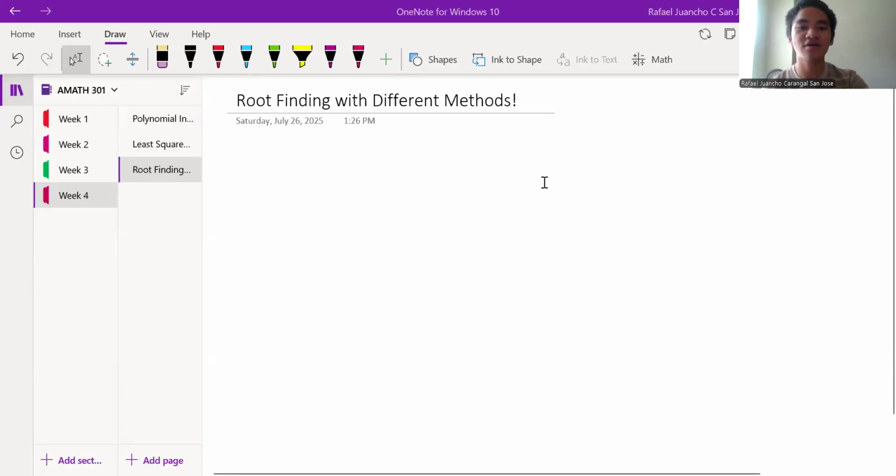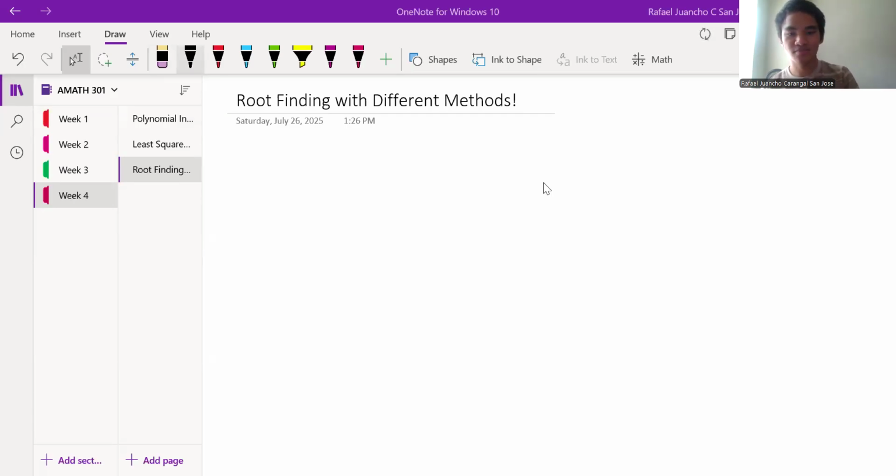So today we're going to be talking about how to find roots using various methods in scientific computing. To start off, let's define what a root is.